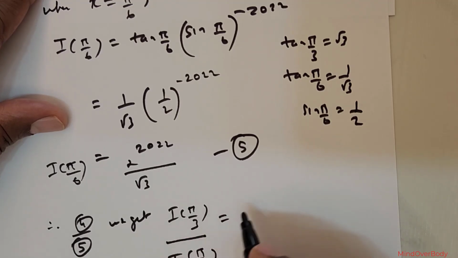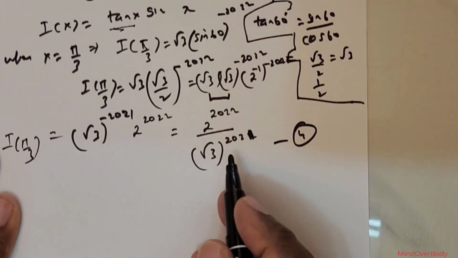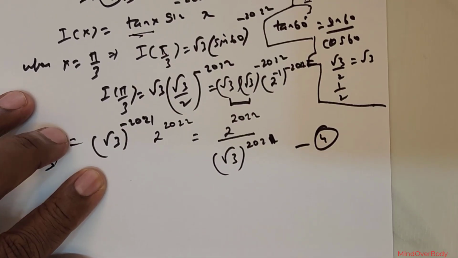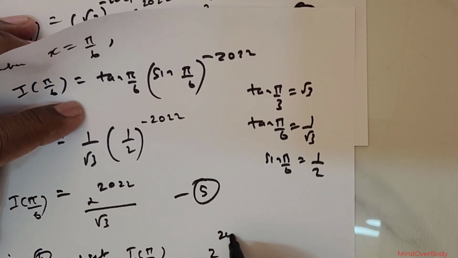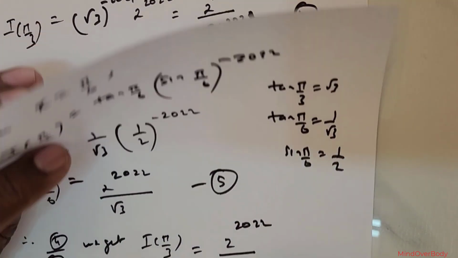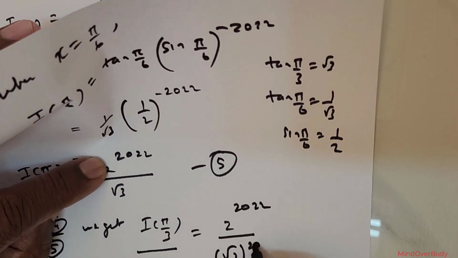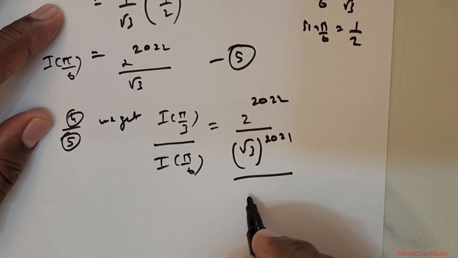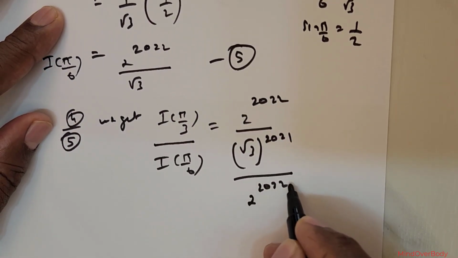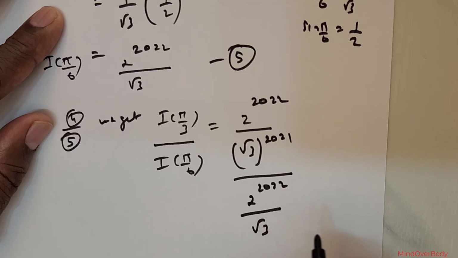so I of pi over 3 divided by I of pi over 6 is equal to, I of pi over 3 is this value, right? So 2 raised to the power of 2022 divided by root of 3 raised to the power of 2021. This is in turn divided by 2 raised to the power of 2022 divided by root of 3.